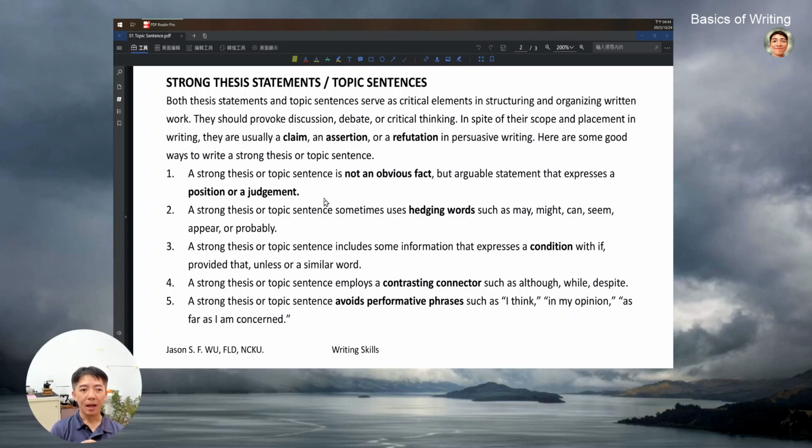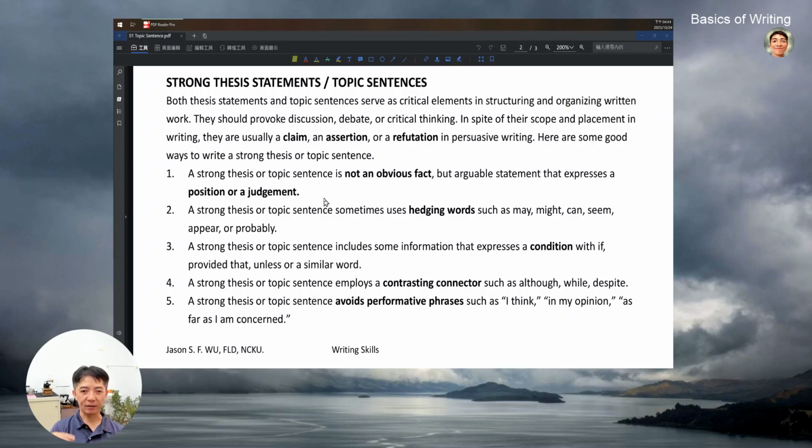Okay. And a strong thesis or topic sentence uses hedging words. Hedging words, you can look up the word yourself. Hedging words, like you try to put hedges around your argument. Hedging words can help us to distinguish an opinion from a fact. Okay, so sometimes people are confused between opinion and fact, right?